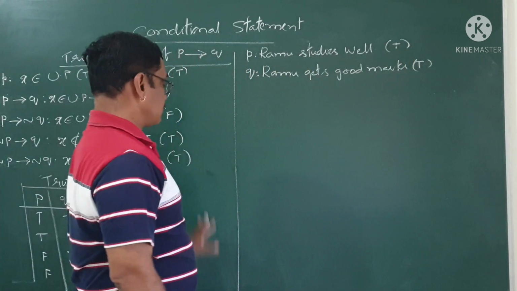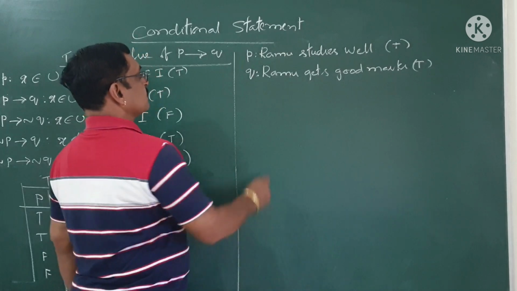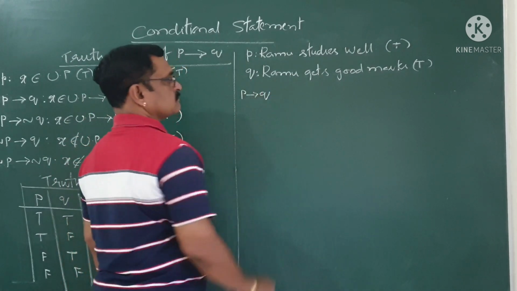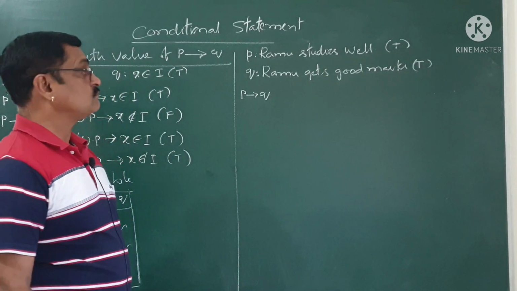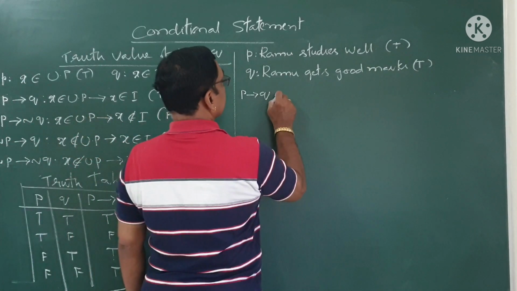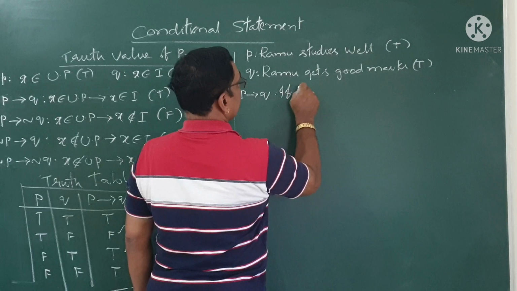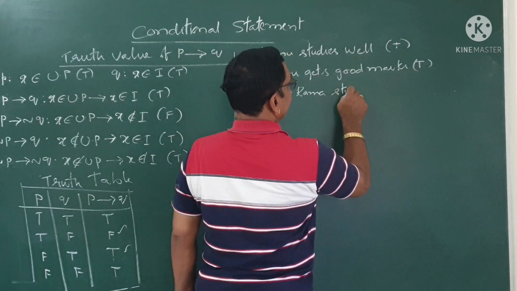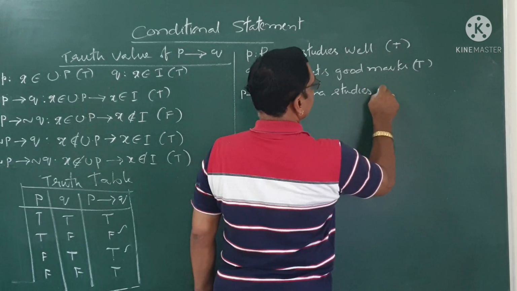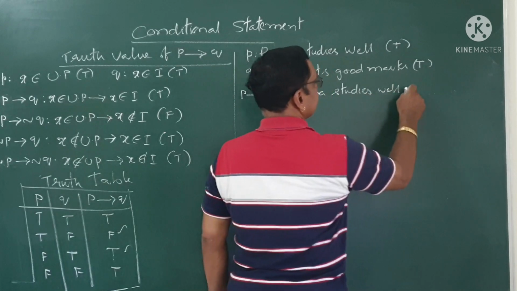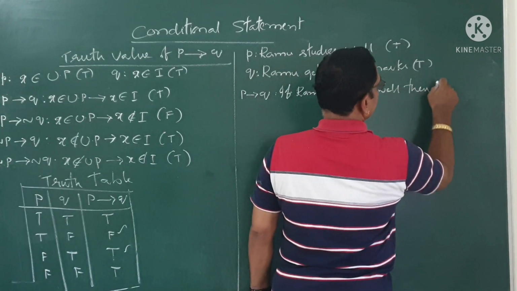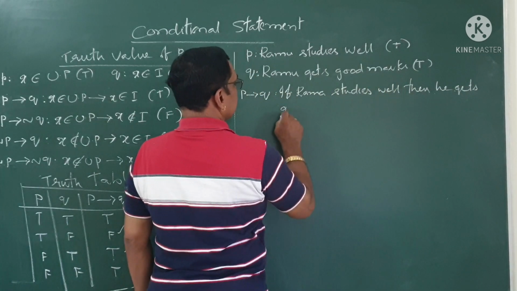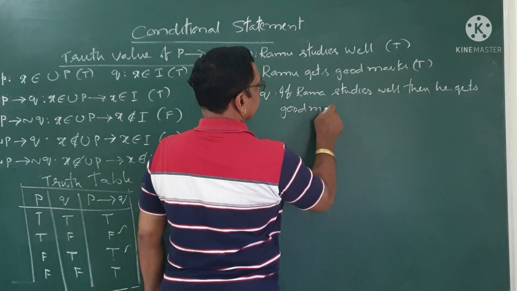Now let us discuss different cases. Case 1, P implies Q. That is, if Rama studies well, then he gets good marks.